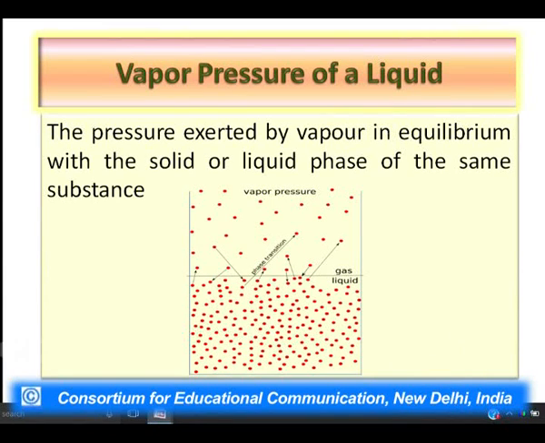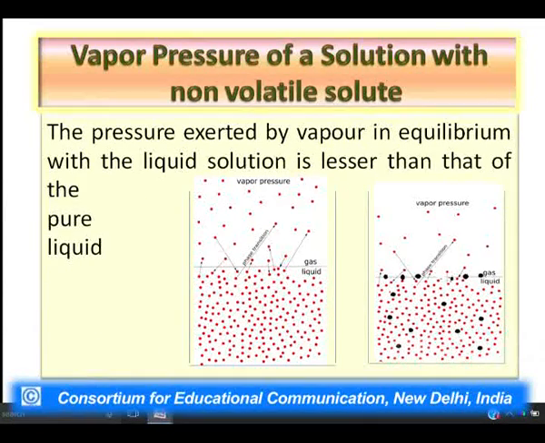Now if the substance is in the liquid phase, the pressure exerted by the vapors arising from the liquid with which it is in equilibrium is called its vapor pressure. Now let us see what happens when a non-volatile solute is dissolved in a volatile liquid solvent.